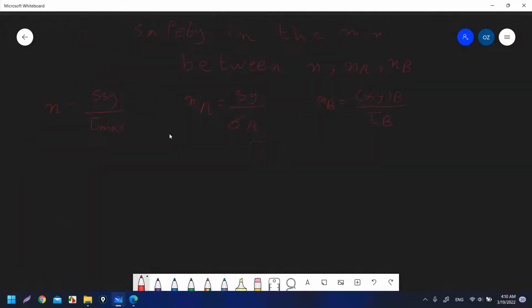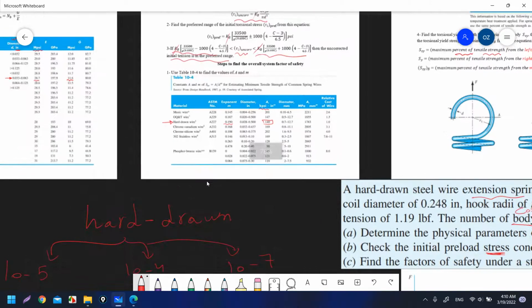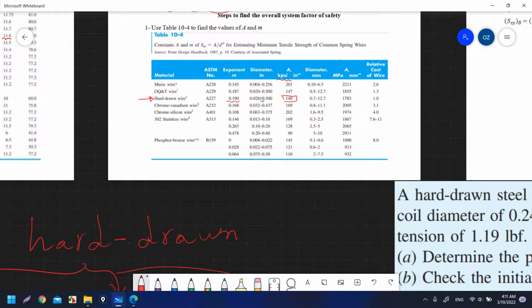First, in order to find SSY, SY, and SSYB, we need to calculate the ultimate tensile strength, which is equal to A over D to the power M. A and M can be found from table 10.4. So let's go to table 10.4. At hard drawn, we will have A equal to 140 and M equal to 0.19.